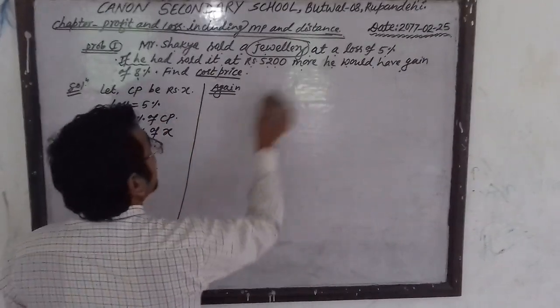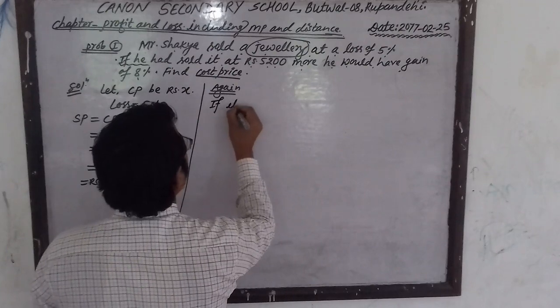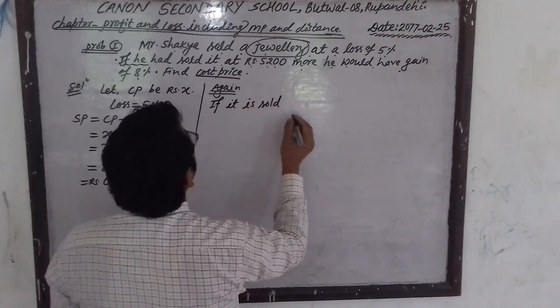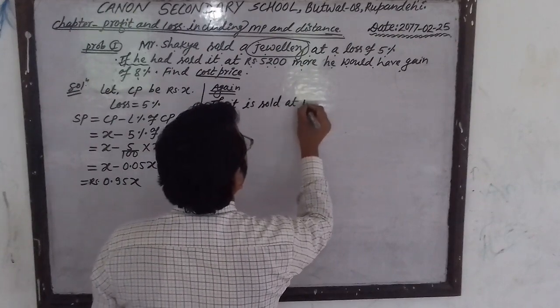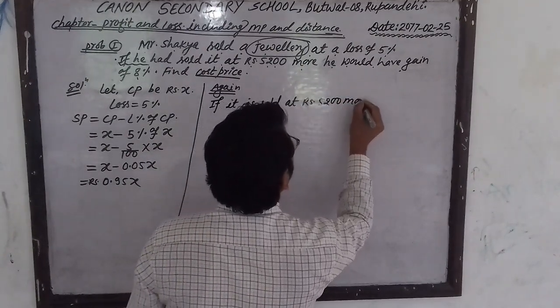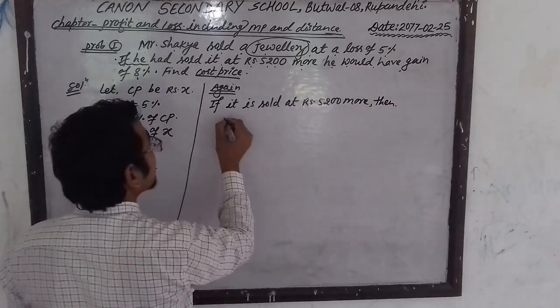Now, if it is sold at rupees 5,200 more, then the gain is equal to 8%.